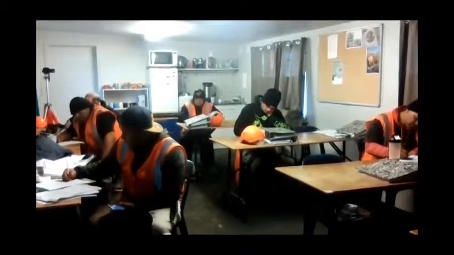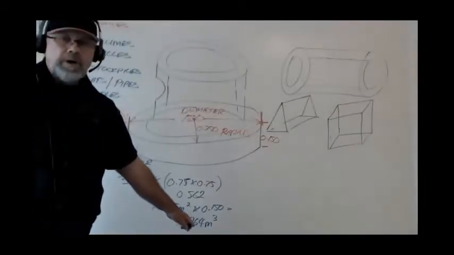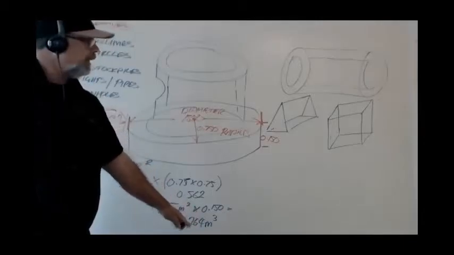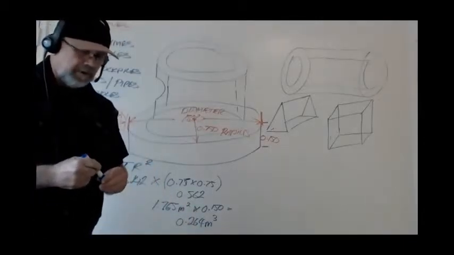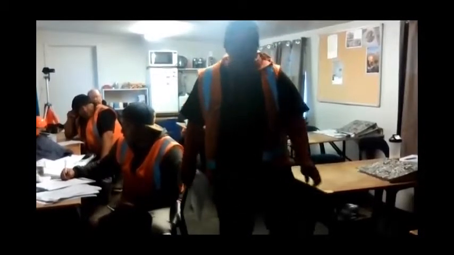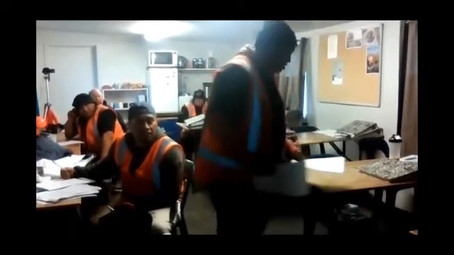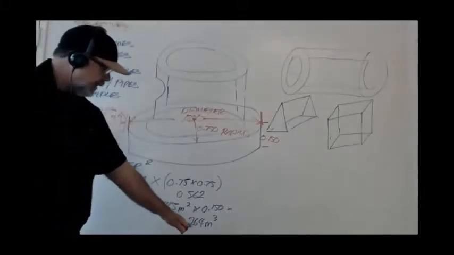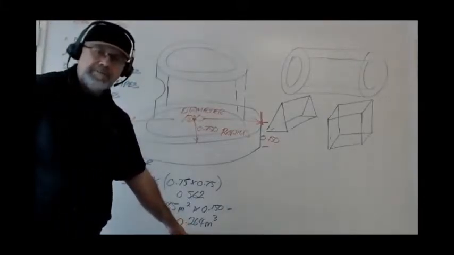Yep. So 0.264 of a cubic meter of concrete. Yep, that's cubic meters. So now we know what the cubic volume is.